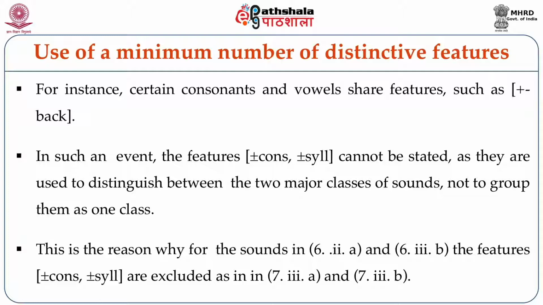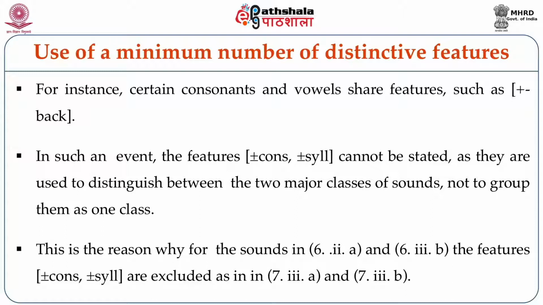Although it defines fricatives as plus delayed release compared to plosives which are minus delayed release, the feature plus minus delayed release is essentially used to group fricatives and affricates and contrast them with plosives. Plosives are contrasted with fricatives by another feature, namely plus minus continuant.